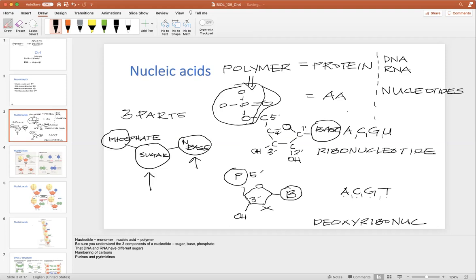So the base is always attached to the 1 carbon. You may or may not have an OH group here, depending upon whether you are a ribonucleotide or deoxyribonucleotide. You have an OH group at the 3' end and a phosphate at the 5' end. If you aren't drawing this out for yourself for both versions, for both RNA and DNA, then you are not studying effectively, okay?